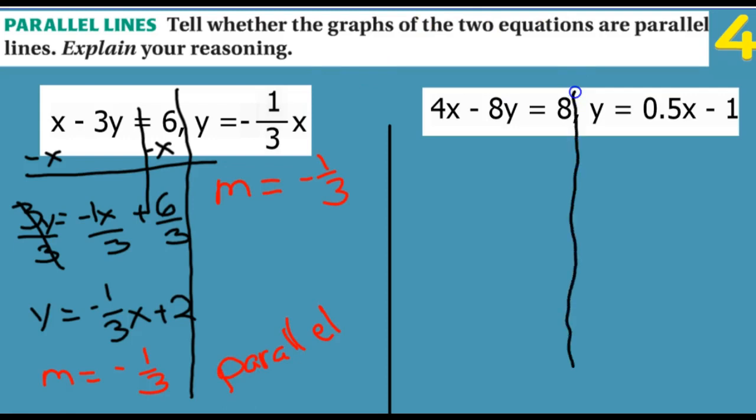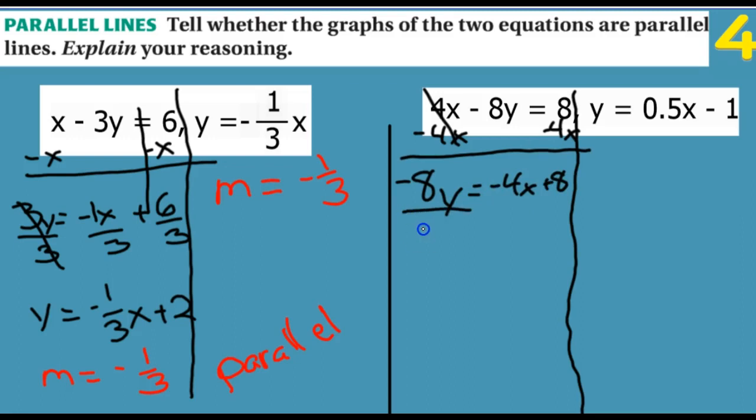Okay, let's take a look at these. Here we have to solve for y, so I'm going to subtract 4x. So we get negative 8y equals negative 4x plus 8. Divide by negative 8.